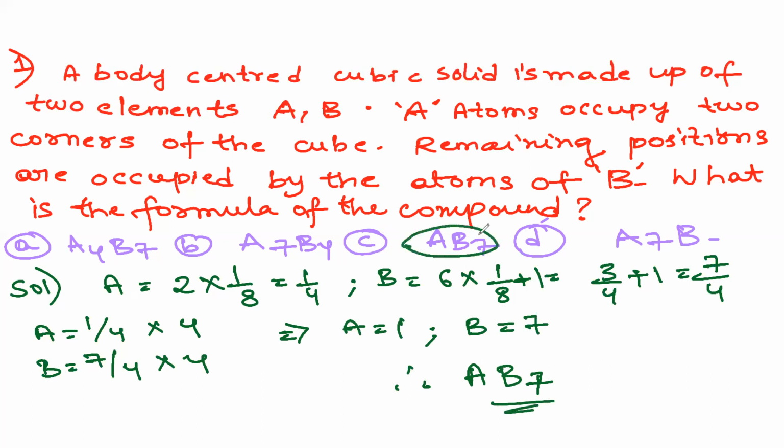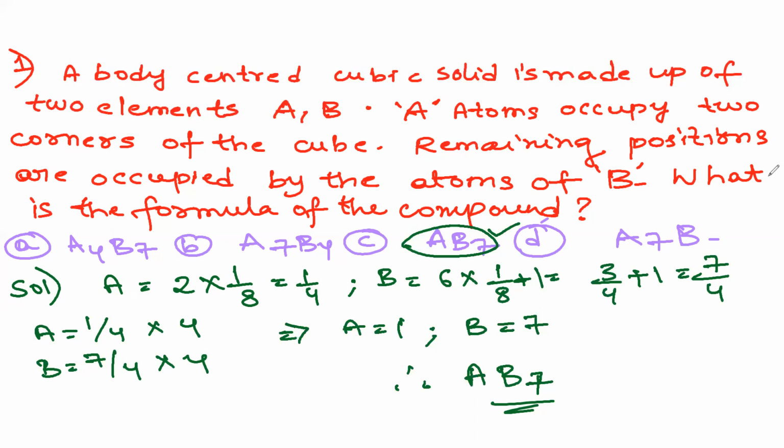So in this way you have to solve the questions. Very, very important, this model. Once again, I'll explain the whole solution. A body-centered cubic solid is made up of two elements A and B, in which A atoms occupy two corners of the cube. In a BCC lattice, atoms occupy all the 8 corners and the center. Here they have also told which atom occupies the corners and which the center.